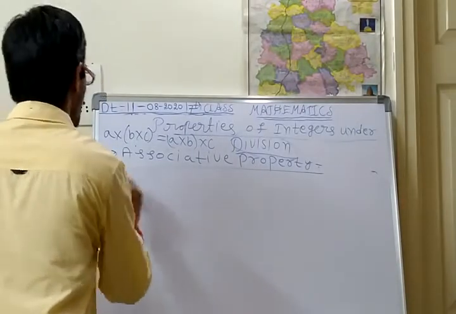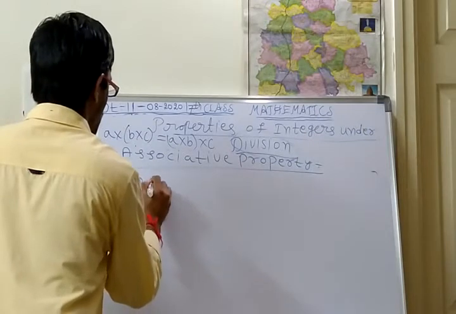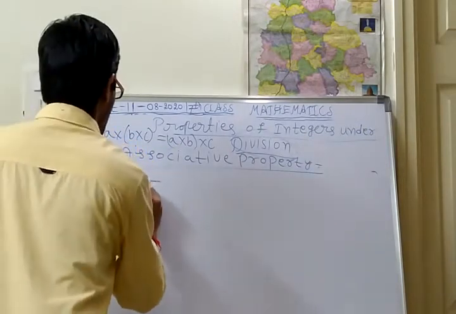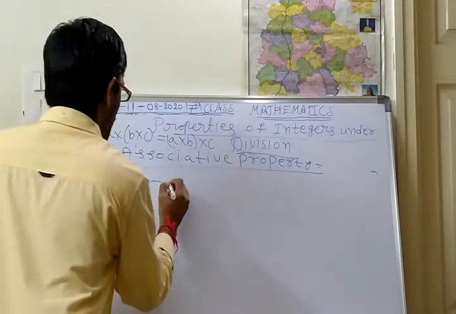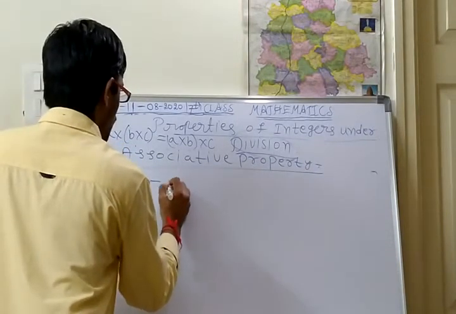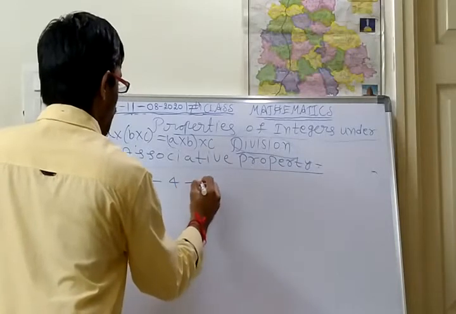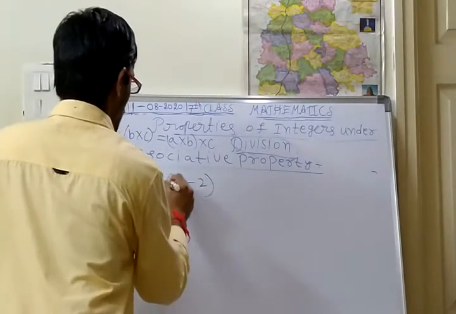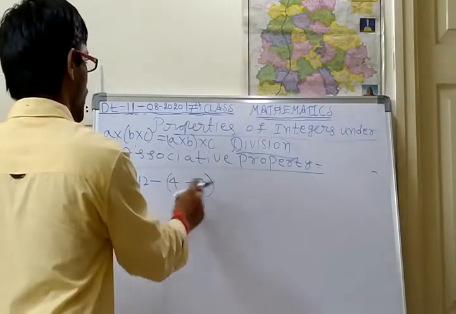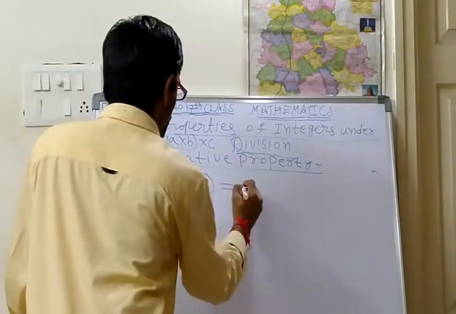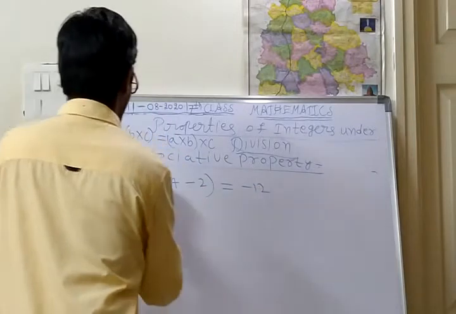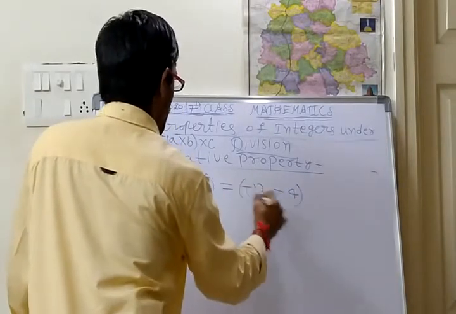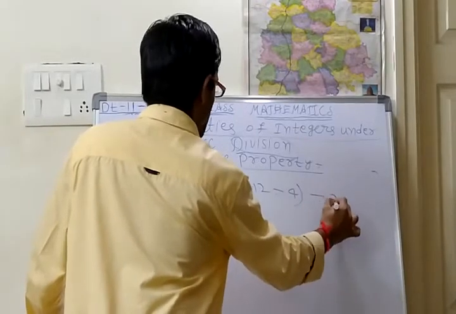Suppose we take any integer, minus 2, divided by... okay, instead of minus 2 I will take minus 12 divided by 4 divided by 2. (A divided by B) divided by C is equal to A divided by (B divided by C).